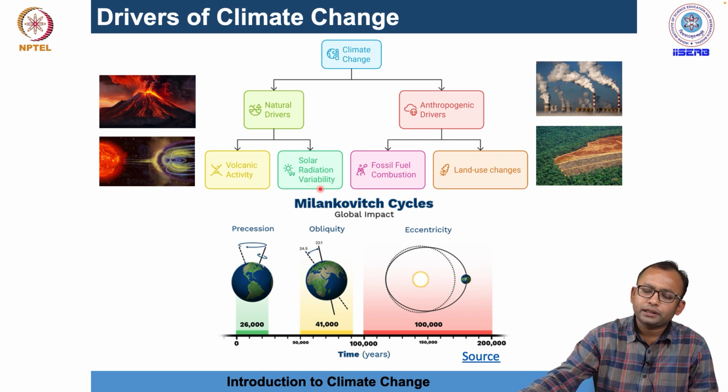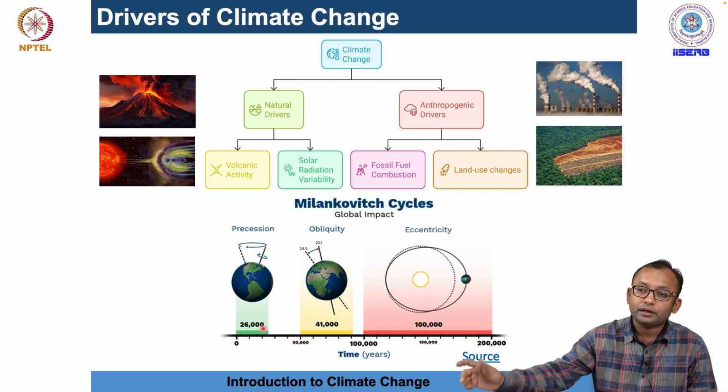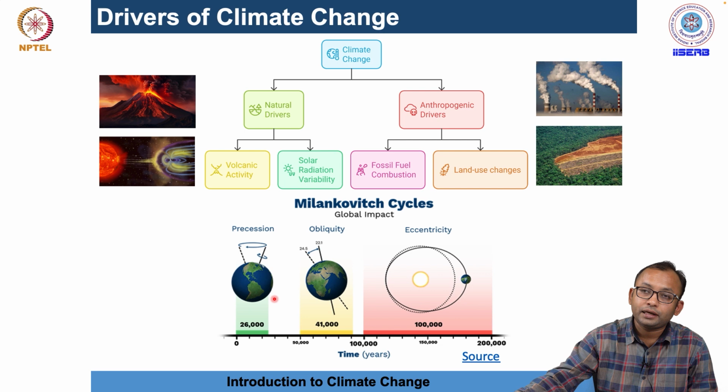When we talk about solar radiation variability, we are essentially talking about the Milankovitch cycle. Milankovitch suggested several properties of Earth, for example precession, obliquity and eccentricity, and based on these, he assessed their cycles and how these different orientations of Earth alter the solar radiation, and therefore affect the overall global temperature of Earth's surface.